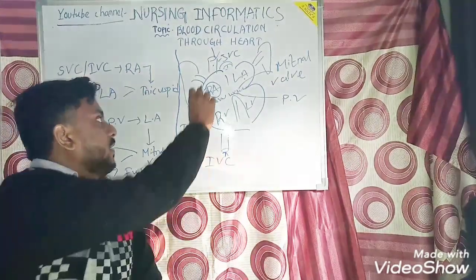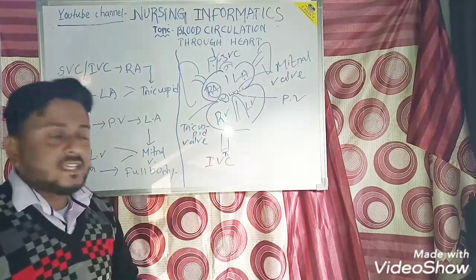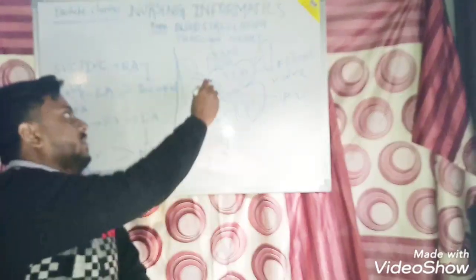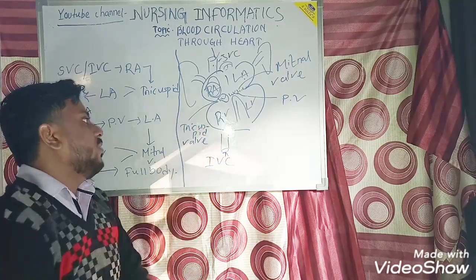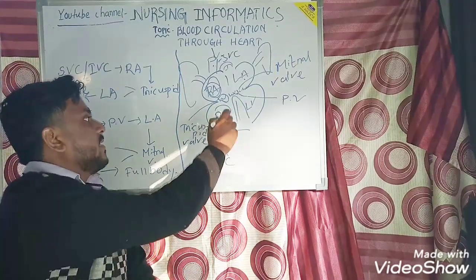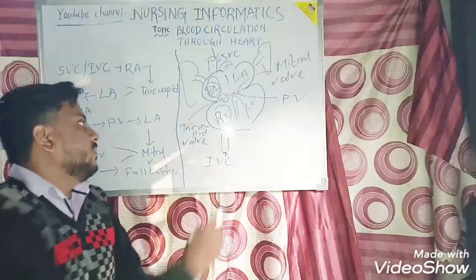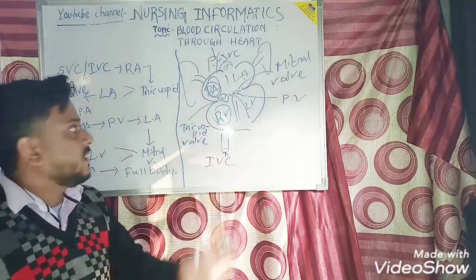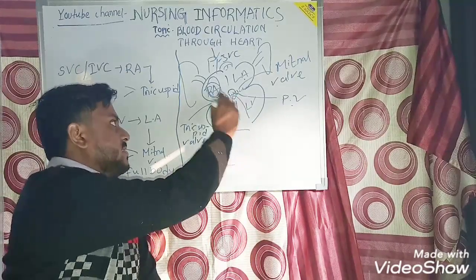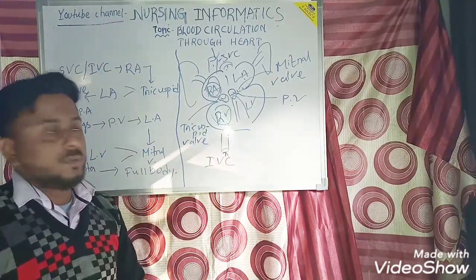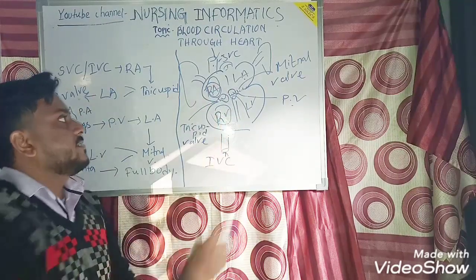When the right atrium contracts, this valve, known as the tricuspid valve, opens, and blood comes into the right ventricle. When the right ventricle is full, the pulmonary valve opens. This one is the pulmonary valve. Through the pulmonary artery from the right ventricle, blood enters the lungs.